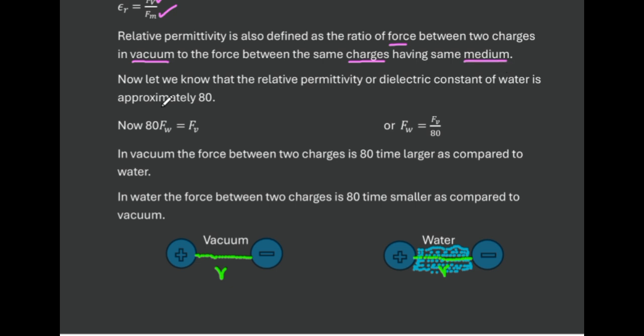Now, we know that the relative permittivity or dielectric constant of water is approximately 80. Now put this value in the above equation: 80 equals electric force in vacuum divided by electric force in water.